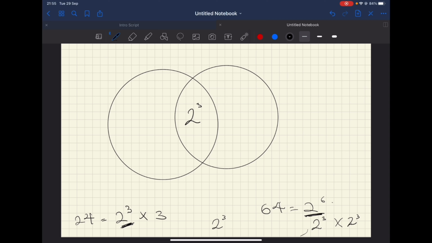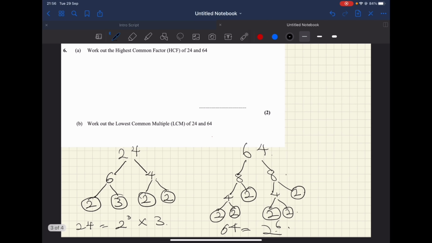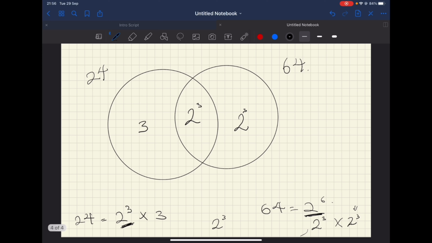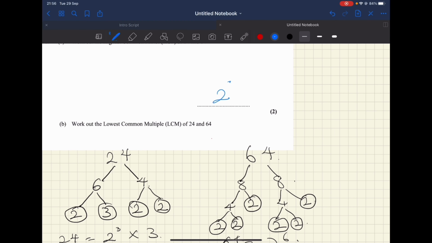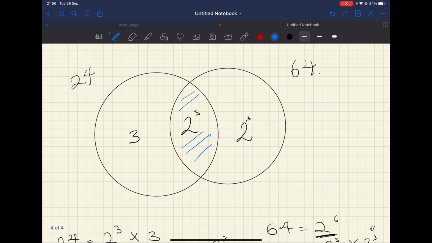All right, so they have 3 2's in common. So write that there. What do we have left for 24? I'll just write 24 here and write 64 here. So I'll write a 3 here. And here for 64, we have 3 2's left. Okay, so the highest common factor, like we said, is what's in the center. This is the highest common factor, what they have in common, which is 2 to the power 3. The lowest common multiple is what we get when we multiply each one.